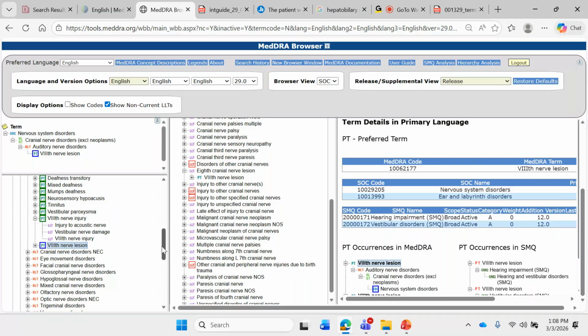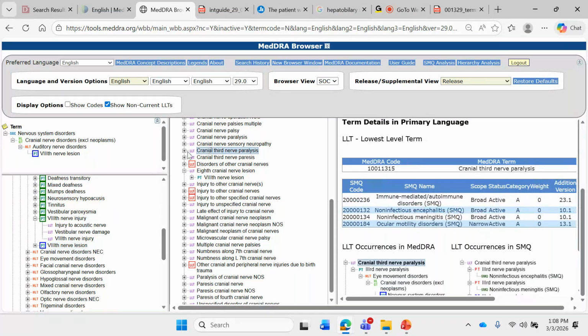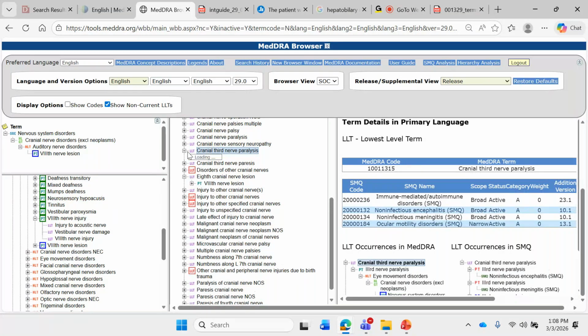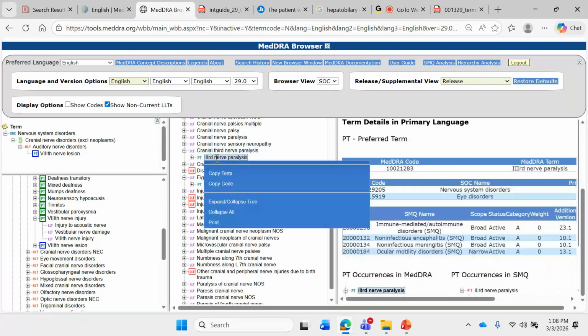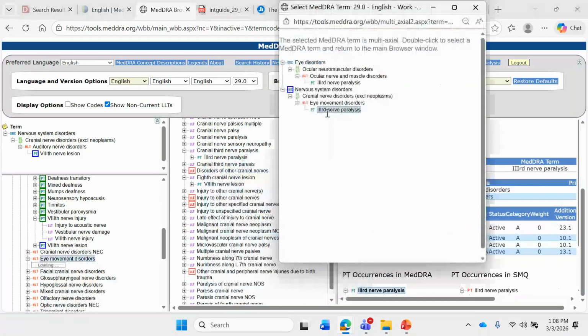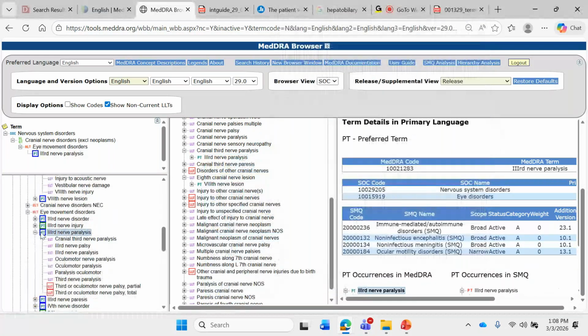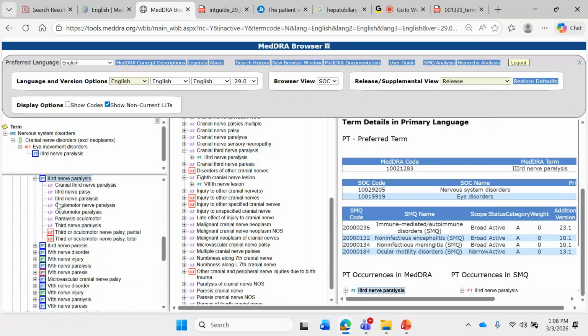Here it says, as another example, cranial nerve, 3rd nerve paralysis, and it goes to PT, the numerical number, 3rd nerve paralysis. And if I open up that PT, let me see all the LLTs under there. And as you know, the 3rd nerve, that's the one I exactly remember, is oculomotor. So it does go by the nerve name as LLT. So there's your mystery solved. It goes by number at PT level, and it goes by the nerve name at LLT level.